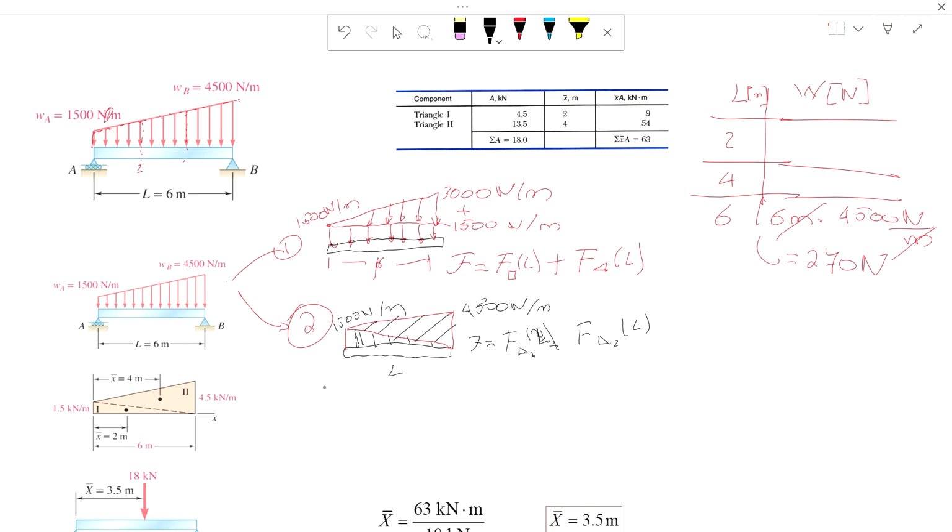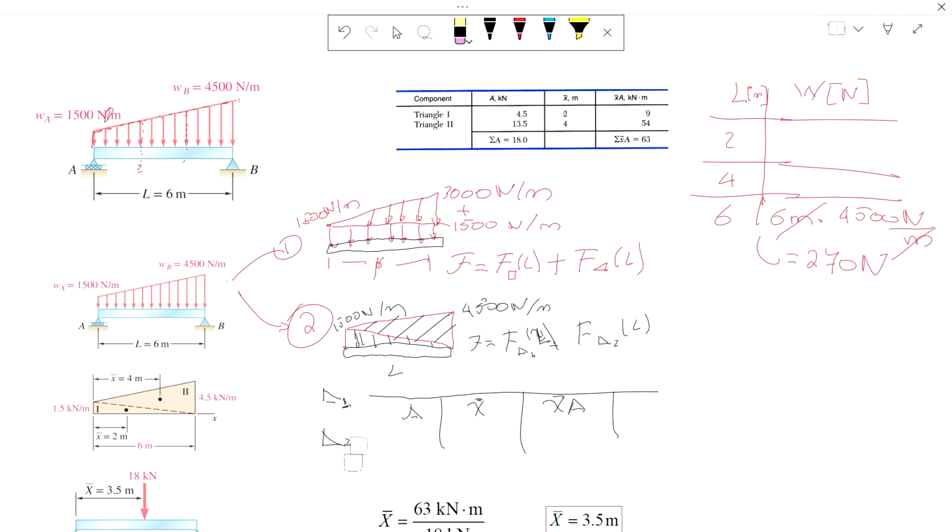So here, triangular shape 1, we have a table, triangular shape 1 and triangular shape 2, where we're going to compute the area, the centroid in x, and x times area.